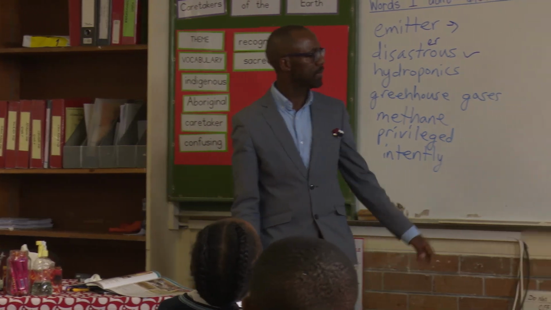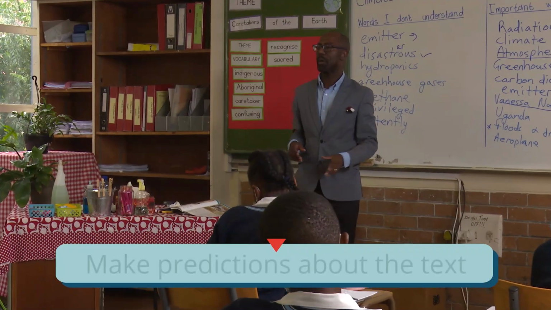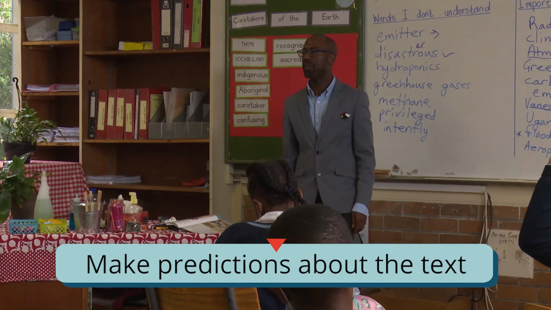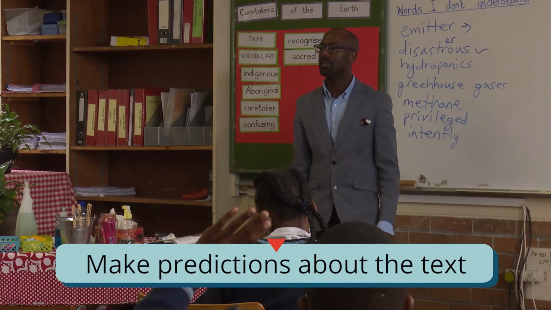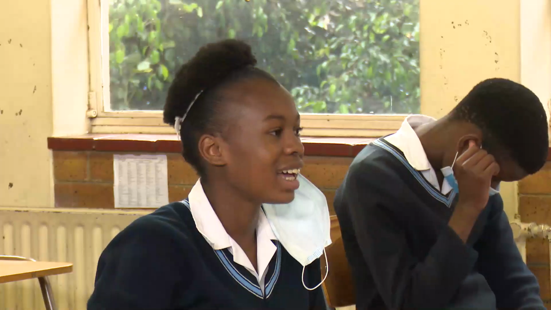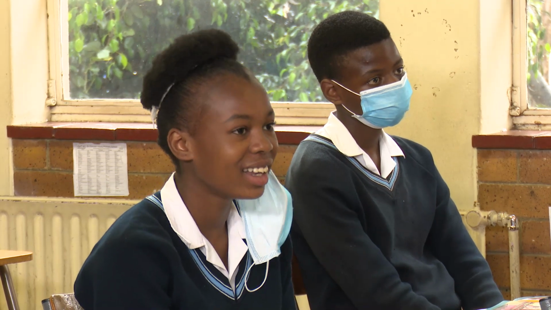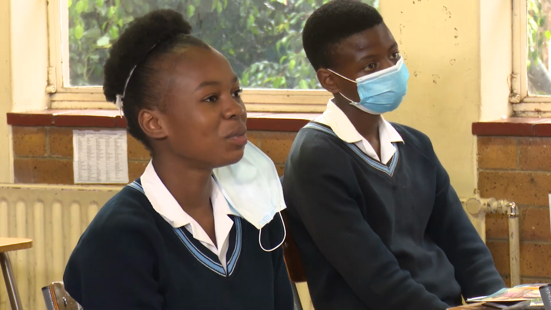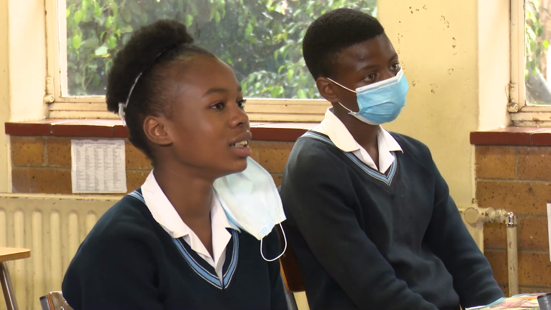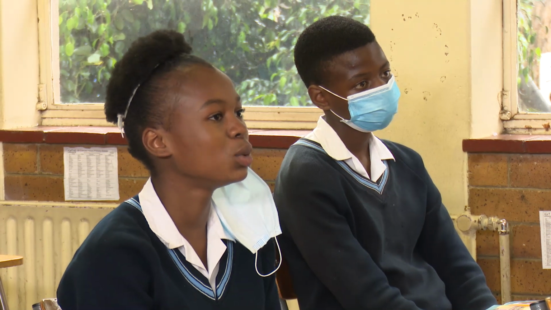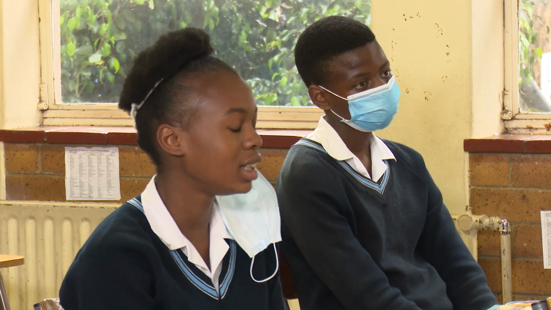Right, well done guys. What do you think this whole story is about based on what we have there? Ngalula? So I think the story is about 4 friends hanging out, and one of them saw Vanessa Nakate speaking about climate change on the TV screen and decided to listen to the interview intently.